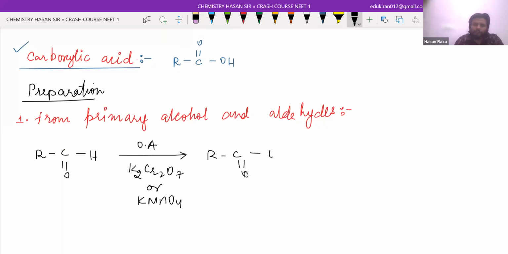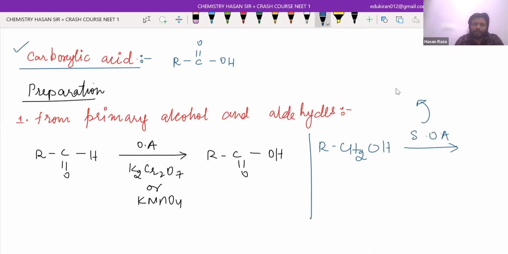And if you have a primary alcohol, then you are going to use a strong oxidizing agent, like either KMnO4, K2Cr2O7, or you can use CrO3 plus H2SO4.